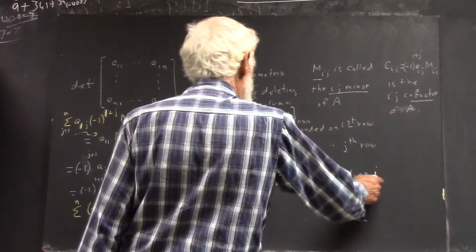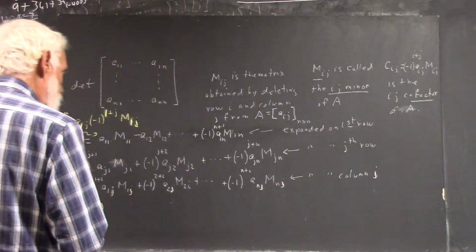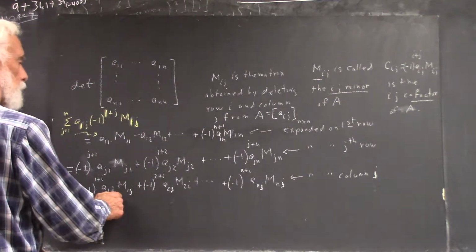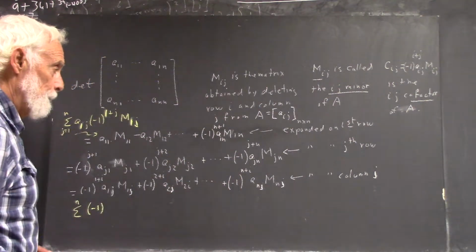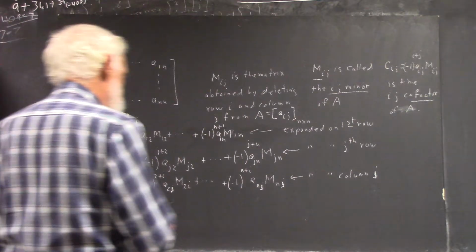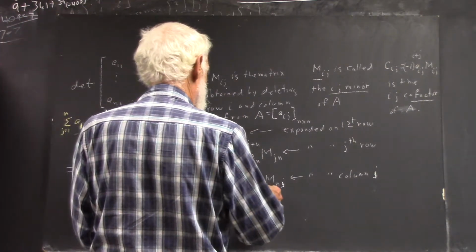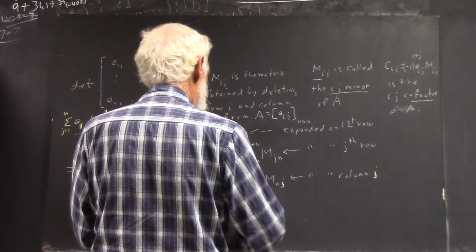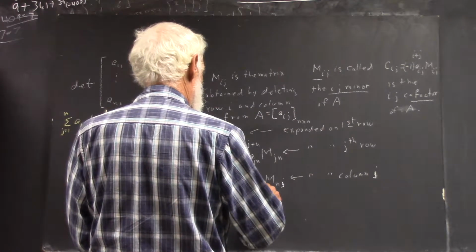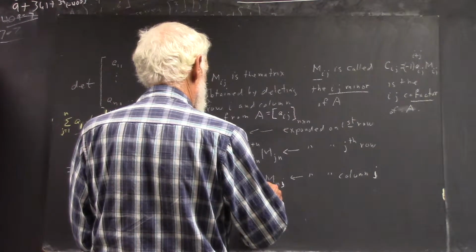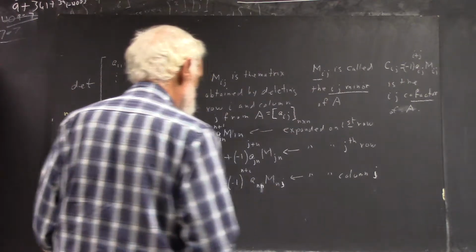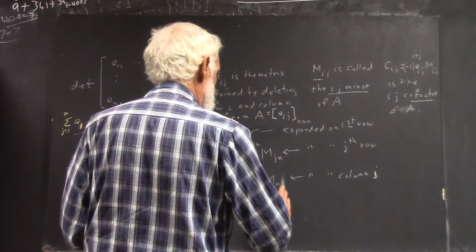So that's column J. Okay, so now, J is going to go from 1 to N, right? And I had ANJ here, it should be ANN. So not only did I make a mistake, but then I corrected the mistake with another wrong symbol. And this should be NN.